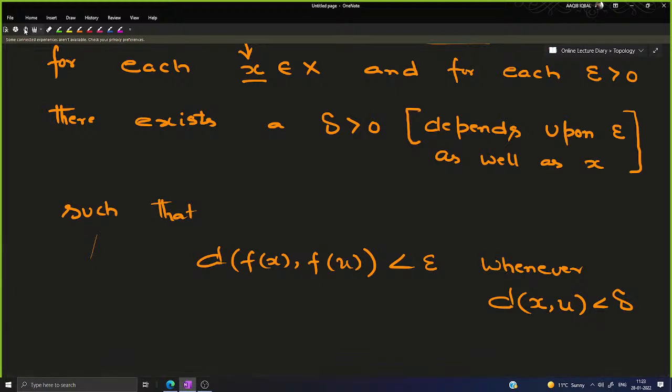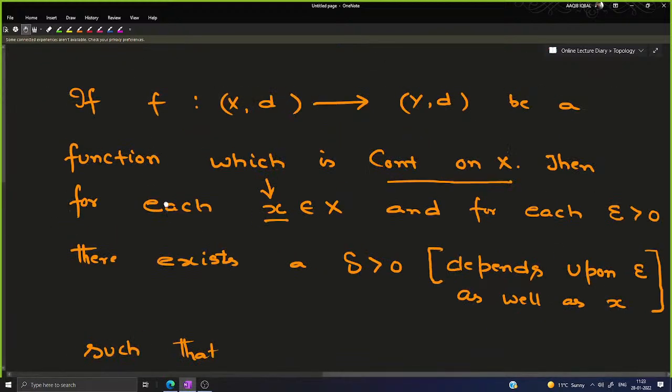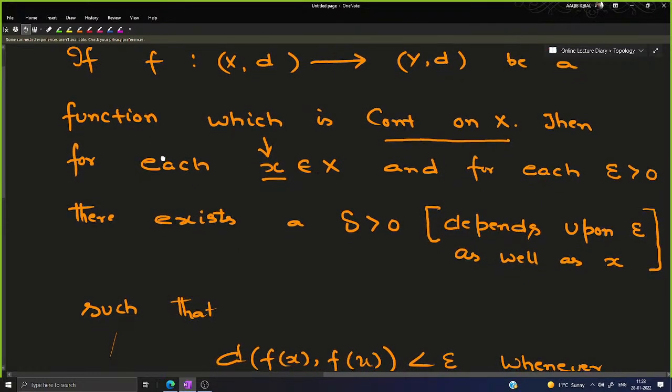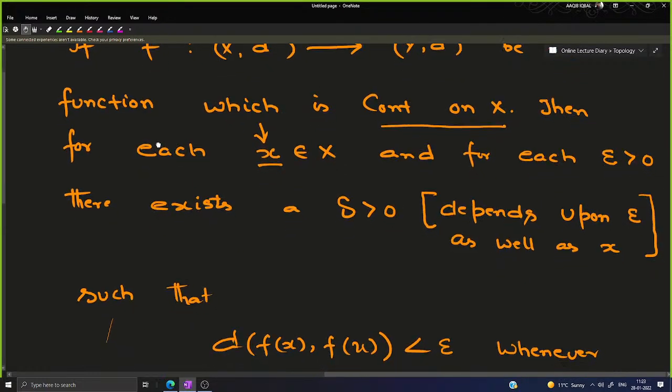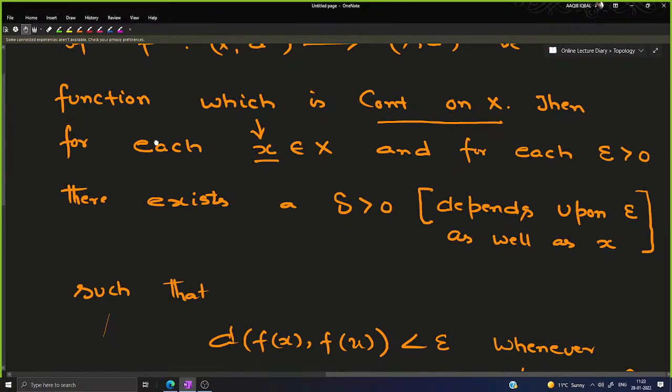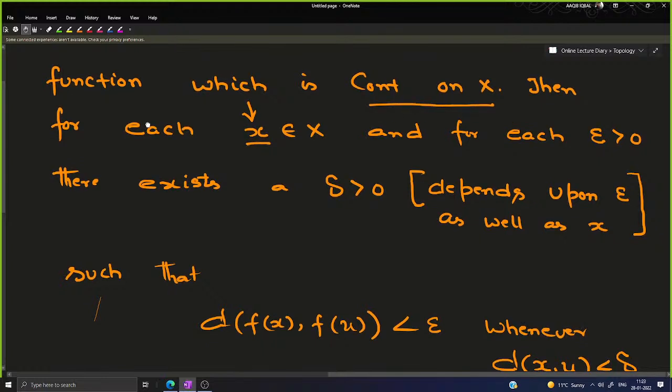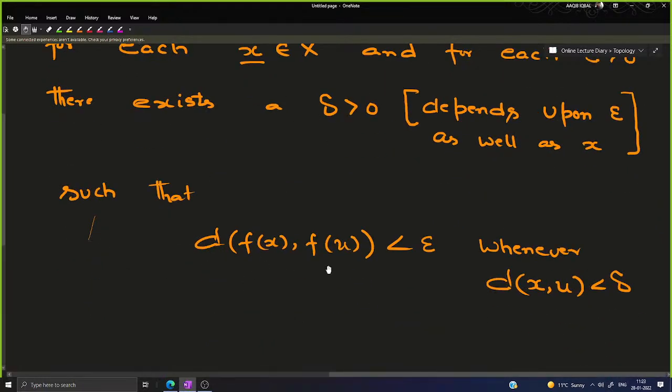तो ये होगा फिर, अगर ये continuous है on the whole space, then for each little x in capital X and for each epsilon positive, you must be able to find a delta positive. And this delta depends upon epsilon as well as little x. और फिर ये होगा उसके लिए. This distance will be strictly less than epsilon whenever the distance between the points is strictly less than delta. ठीक, ये होगा.